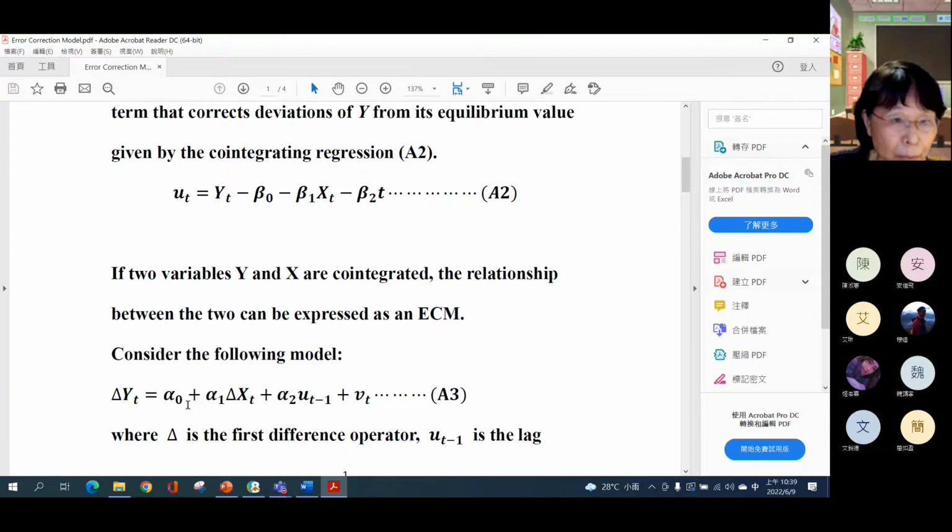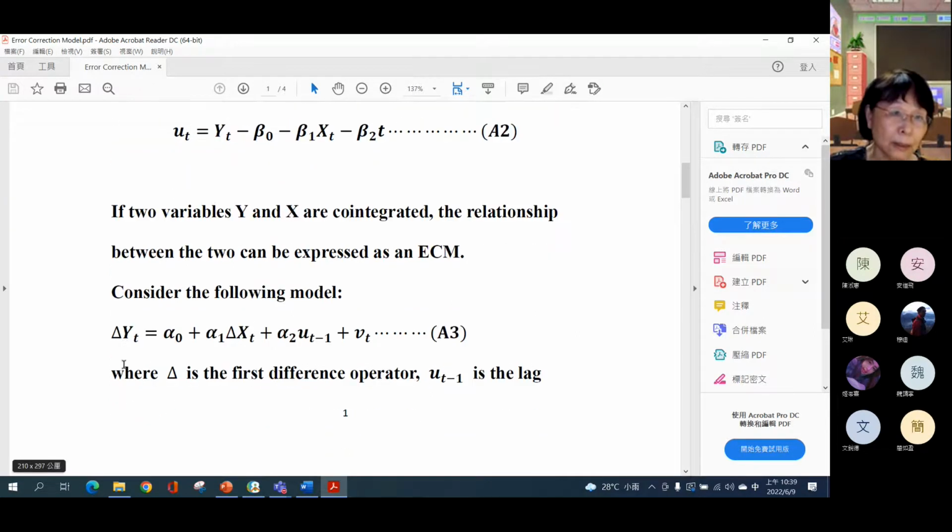It is like this. Delta yt, where delta is the first difference operator, is yt minus yt minus 1. And ut minus 1 is the second term.